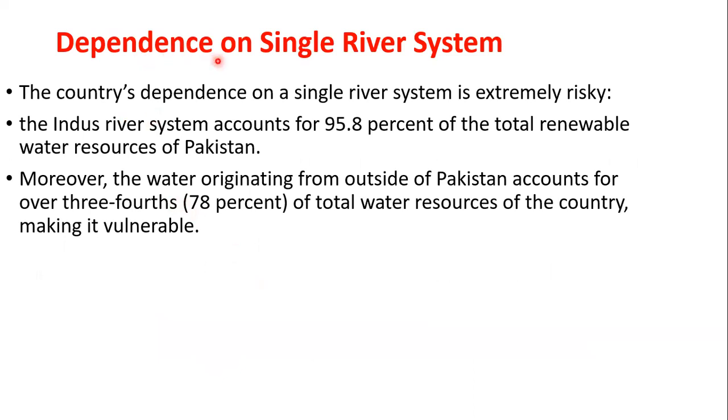Dependence on a single river system. Clear? Pakistan is depending on the eastern rivers and many minor rivers which are flowing into the other areas. Clear? Almost 95.8% of the total water comes from this river.